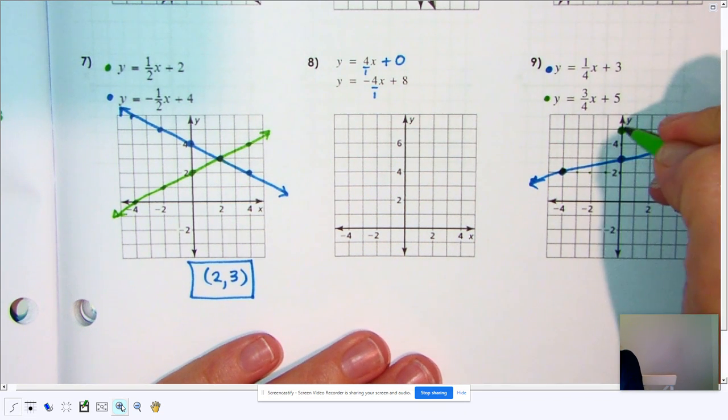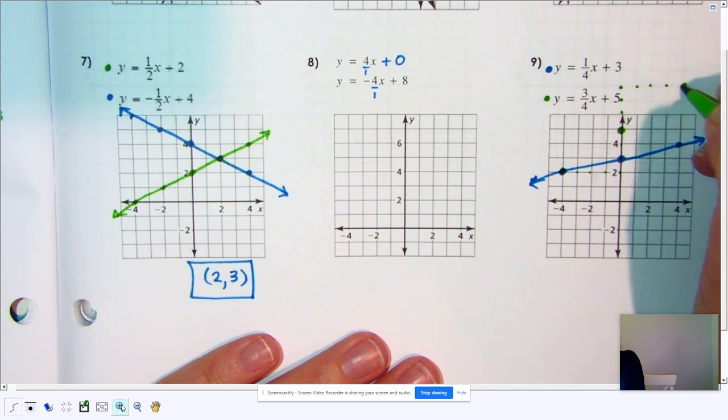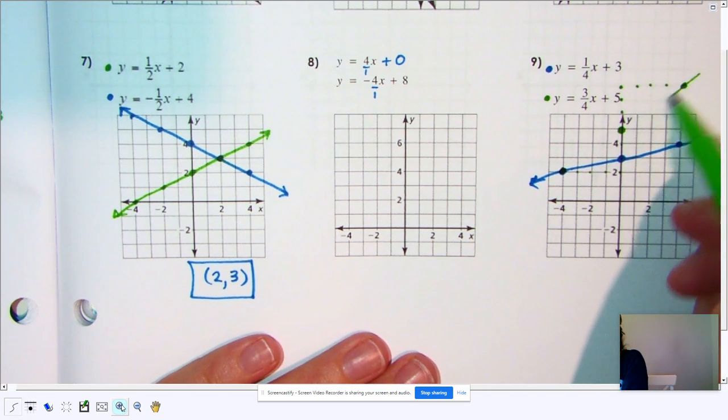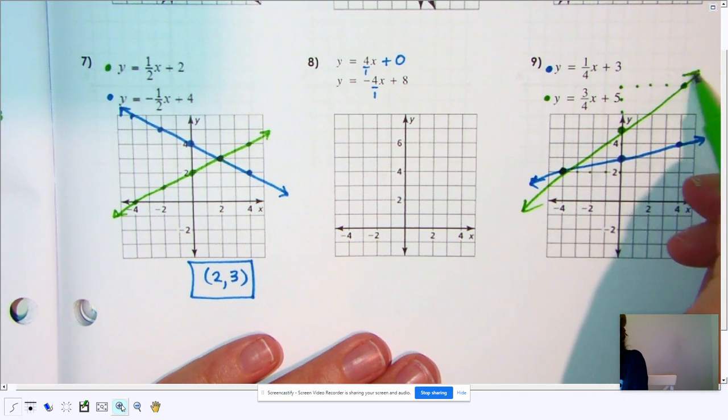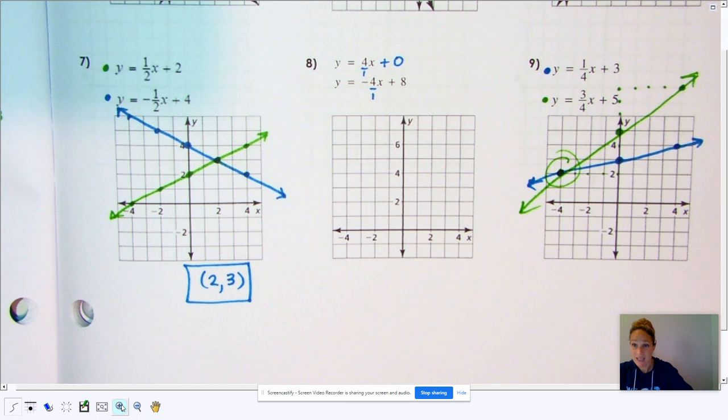Because if I went up by 3 and over 4, that would be off of my graph, a little bit harder to connect through. But what's really important is this point right there, because that's the point where they intersect, and that's the answer to our system of equations.